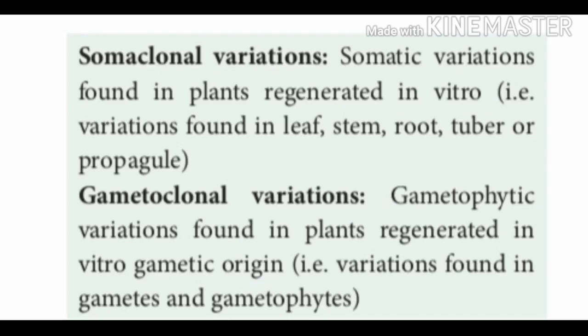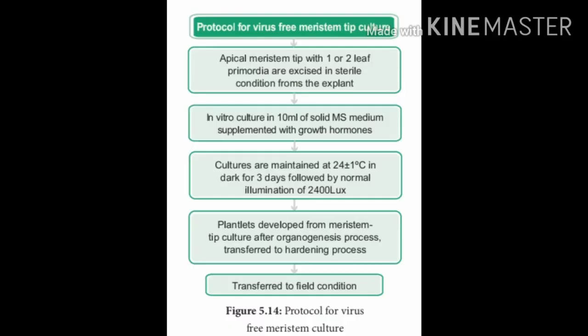Whereas gametoclonal variation is gametophytic variations found in plants regenerated in vitro, gametic region, that is variations found in gametes and gametophytes. So these are the two types of variations we found in the organisms. One is about the external characters and the other one is with the gamete of the organism.